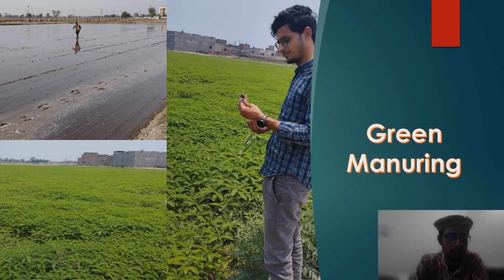This is our field where we broadcast Sesbania seed 1.5 months before soybean sowing. After that we cut it and mix it into the soil, and we got remarkable results. We gained data before and after this application, and we achieved the best results.